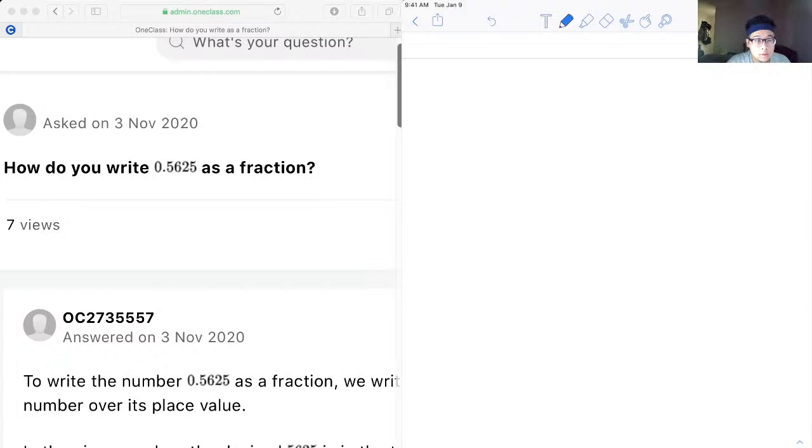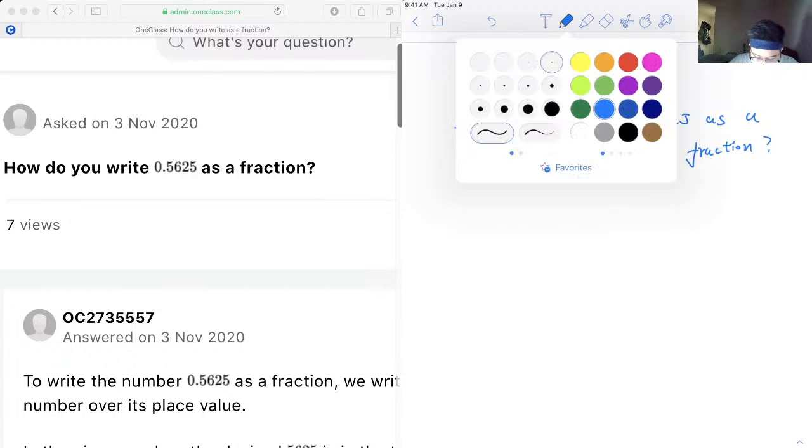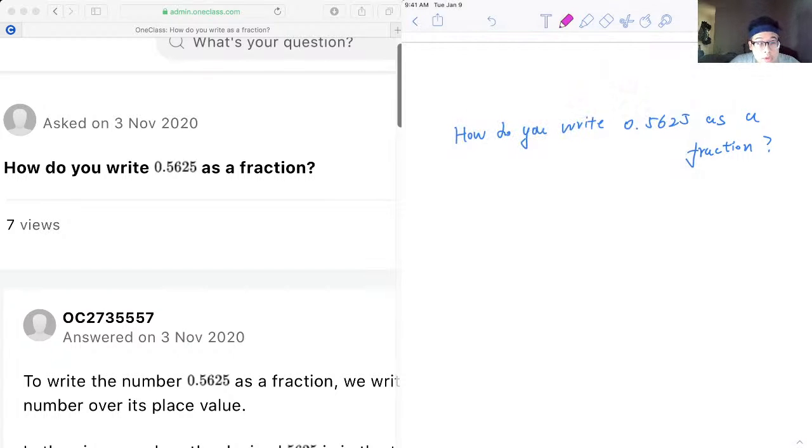Okay. So next we have, how do you write 0.5625 as a fraction? Okay, so in order to write a number 0.5625 as a fraction, we write its decimal number over its place value.